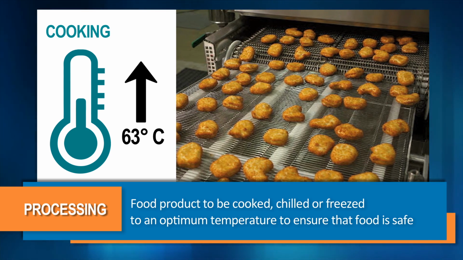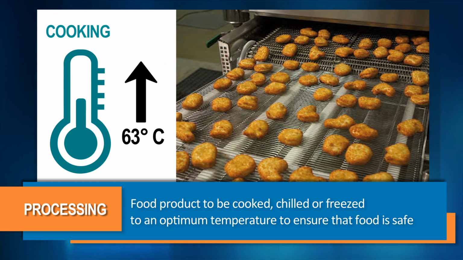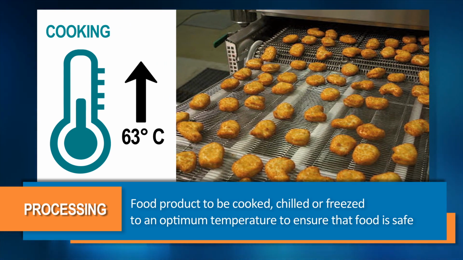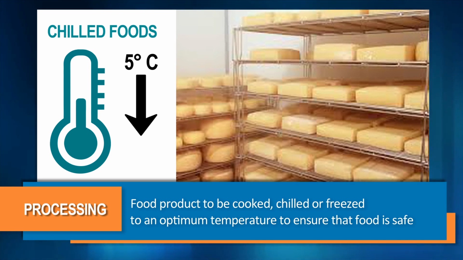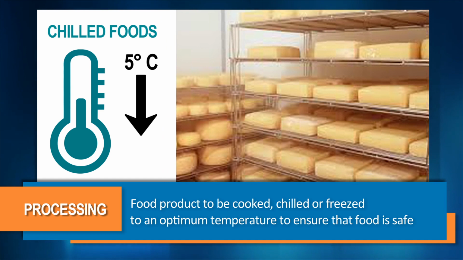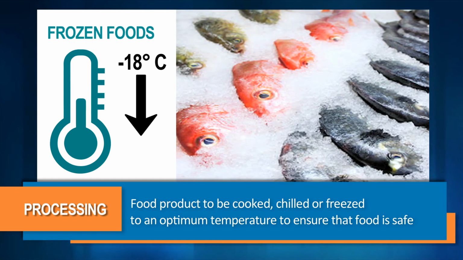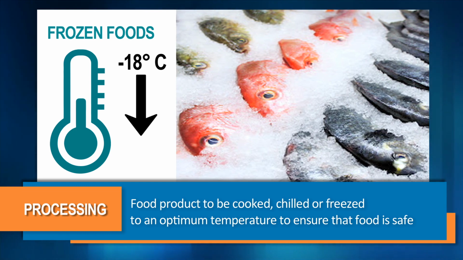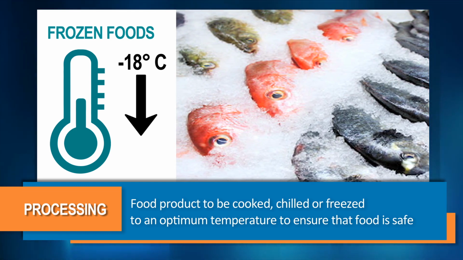Food that requires cooking shall be cooked to core temperature of 63 degrees Celsius or above, and chilled food shall be chilled to a core temperature of 5 degrees Celsius or below. Similarly, frozen foods shall be frozen to a core temperature of minus 18 degrees Celsius or below.